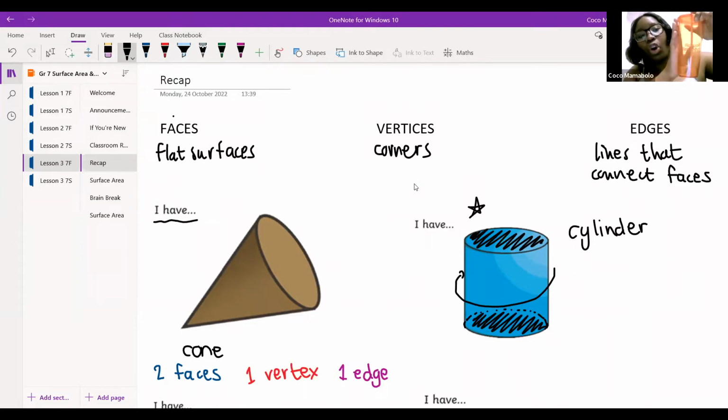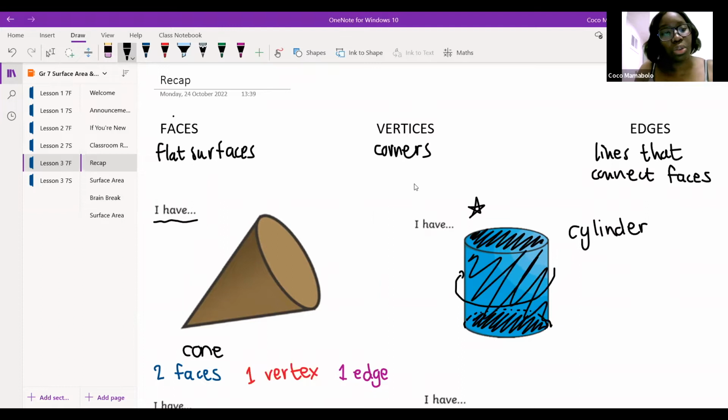So the whole of the curved part is one face. So what I actually have is three faces, because this whole thing over here is also a face. So the total is 3. Yes, you've got it. 3 faces.